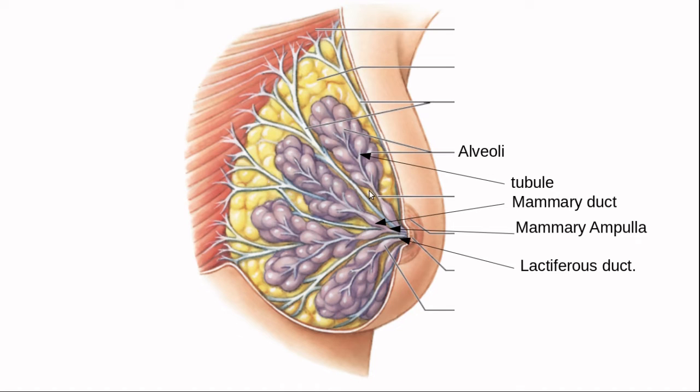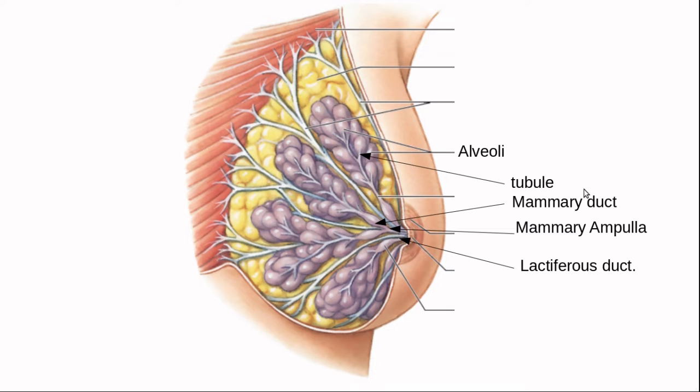There are several mammary lobes. Each mammary lobe is composed of very minute cellular structures called mammary alveoli. These mammary alveoli secrete milk, and it is stored in the lumen of the alveolus. Now from each alveolus arises a very minute tube.